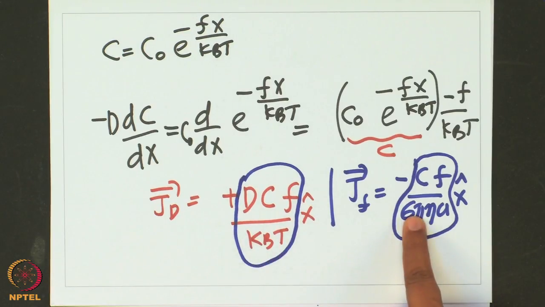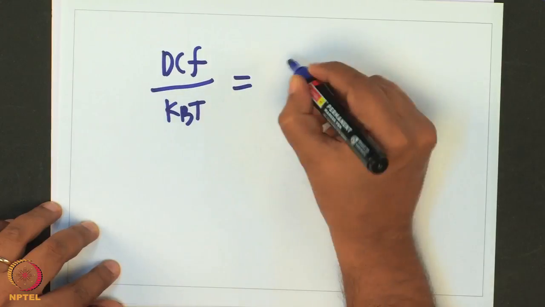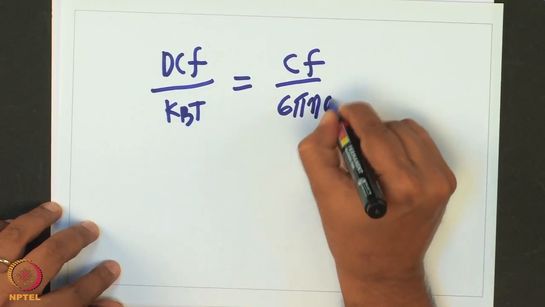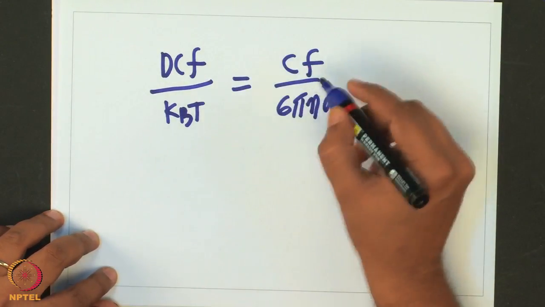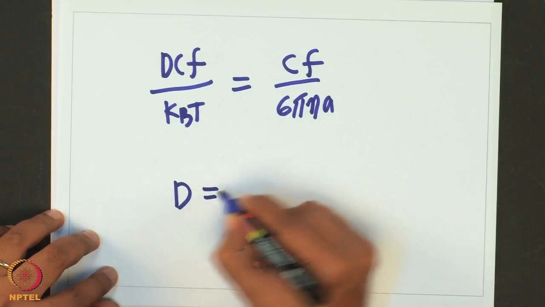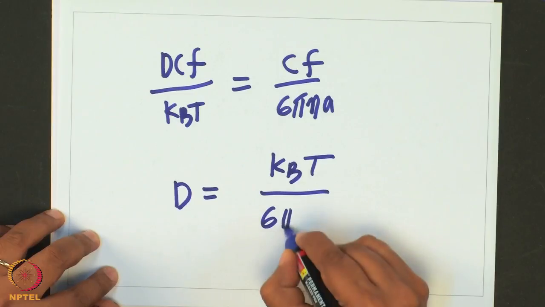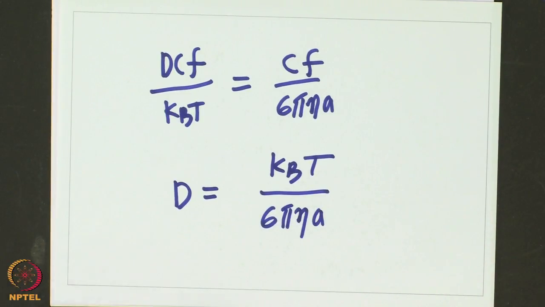What do I get? D C f by kBT is equal to C f by 6 pi eta a. So C and f would cancel, and this tells me D is equal to kBT divided by 6 pi eta a. This is the famous Einstein relation.